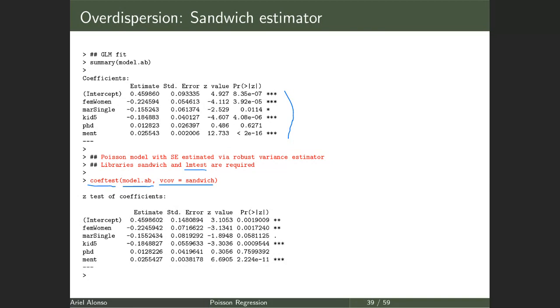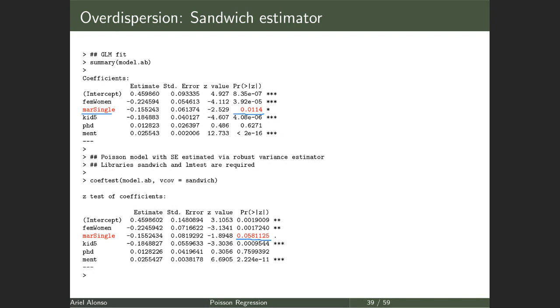But if that part is right, and the problem is that you have overdispersion, then you can still get correct inferences for these covariates just by using the sandwich estimator. And it does make a difference because, for instance, if you look at marital status in the Poisson model, you got a highly significant p-value over here. However, when you use the sandwich estimator, it is not significant anymore. It's about 0.06. So it does make a difference.